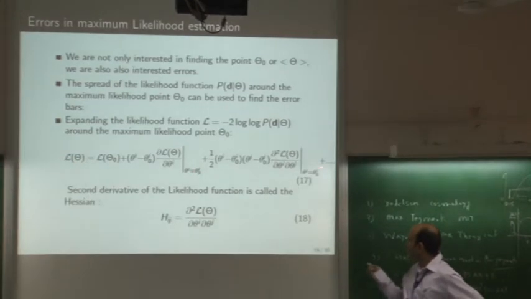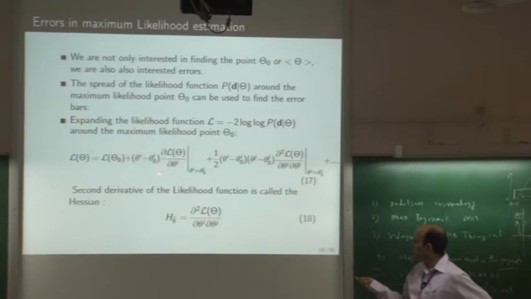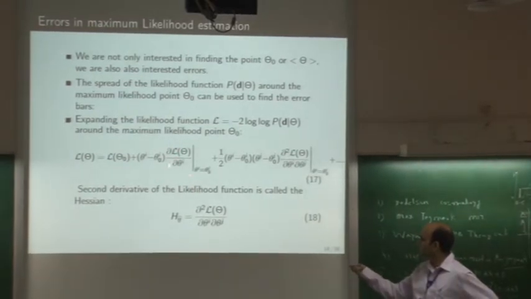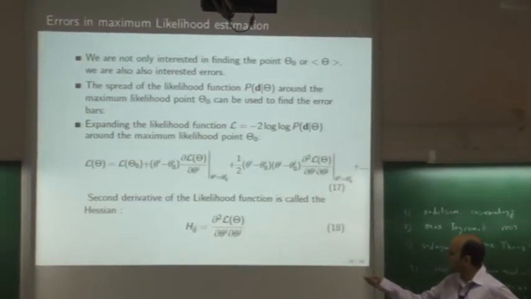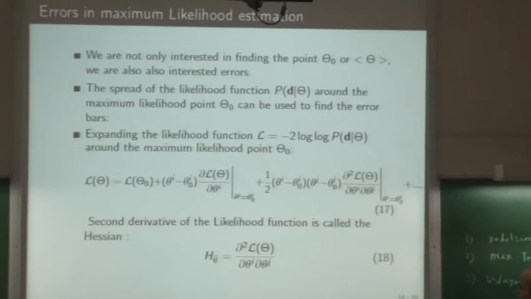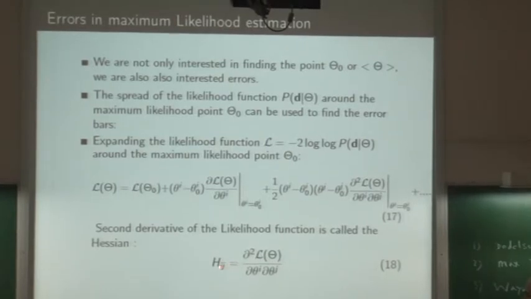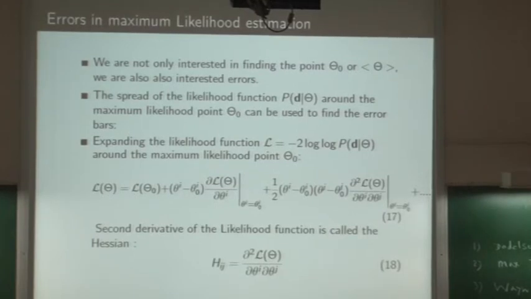So we expand the likelihood in this way, and then we differentiate it. Obviously when the likelihood is maximum, the first derivative will be 0, and this will be the value at the point at which the likelihood function is maximum, and this is the second derivative. Just for information, this second derivative is called the Hessian matrix.